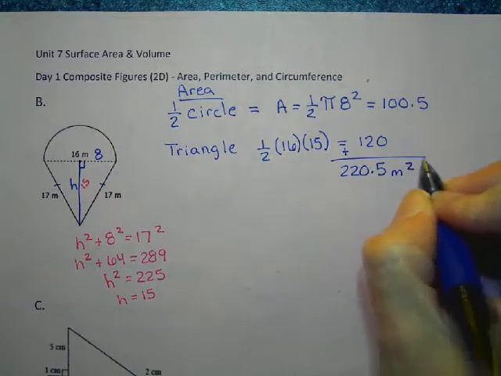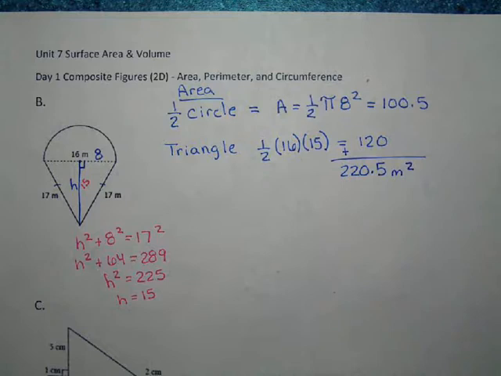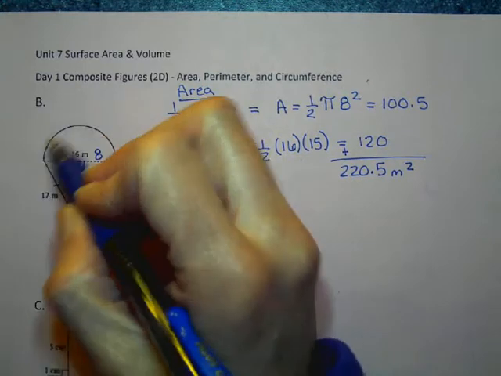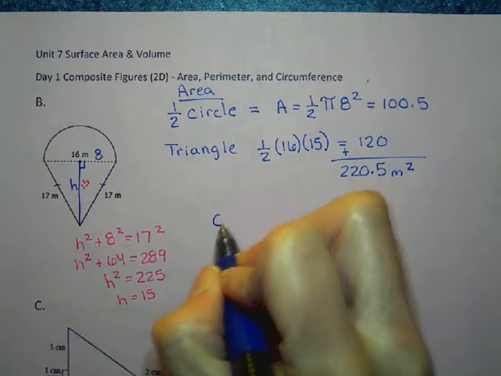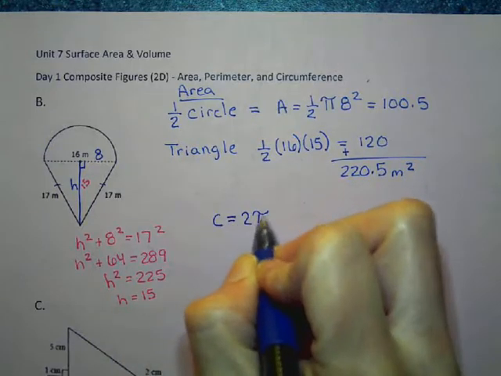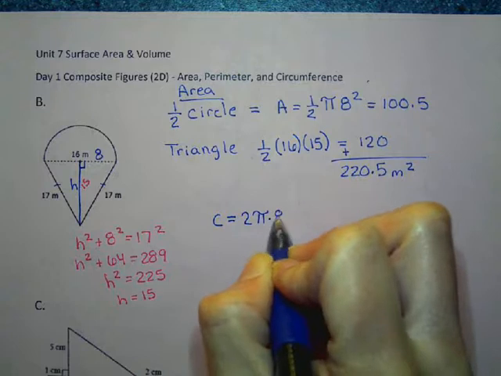Perimeter means you add up all the outside. Guess what? In this case, we have a curved part. So to find the length from here to here, we need to use circumference. So circumference equals 2 pi r. That would be 16 pi, or you can go ahead and figure that out.